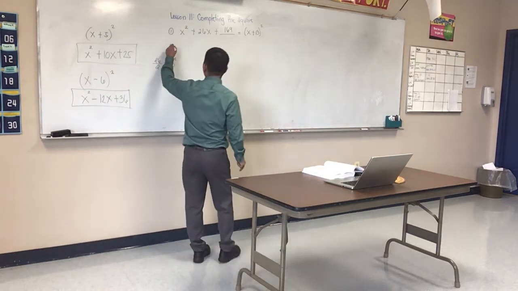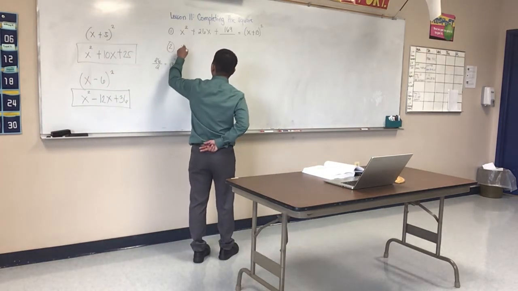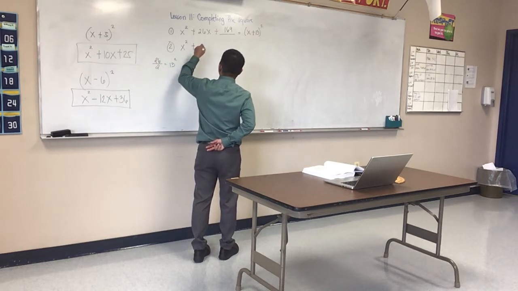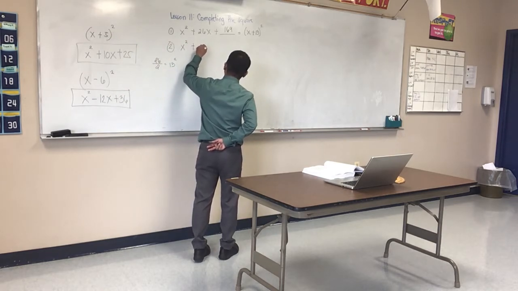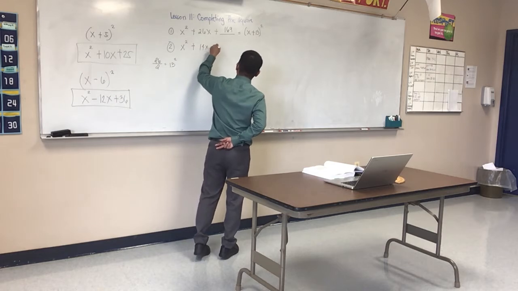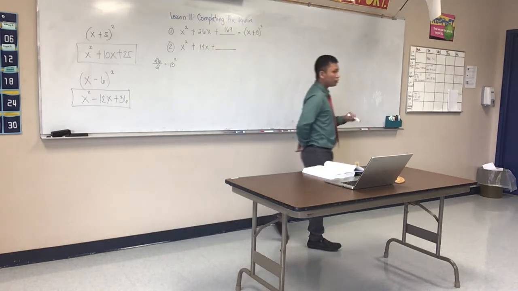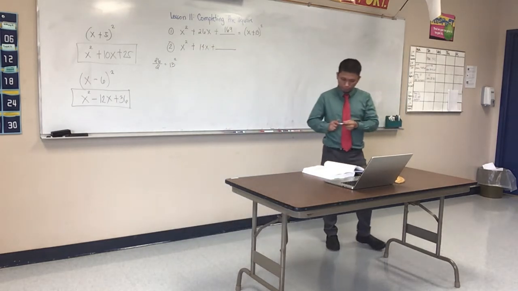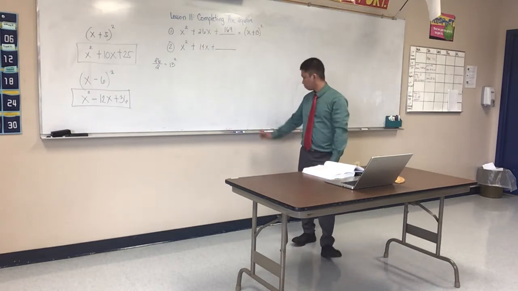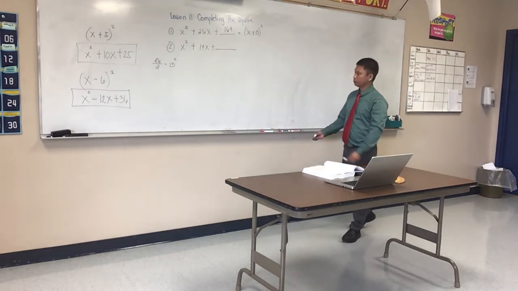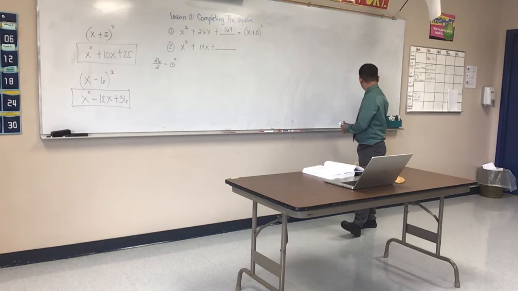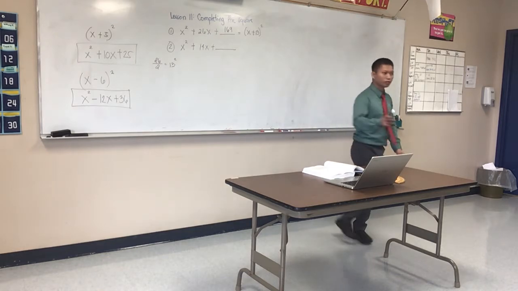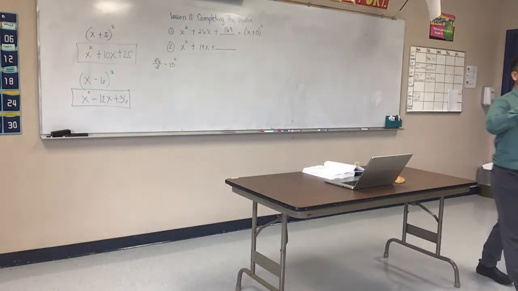Okay, how about this one? We have x squared plus 14x. What would be our last term to complete this square? Can you solve on the board? 49.